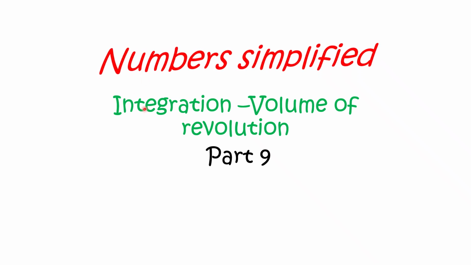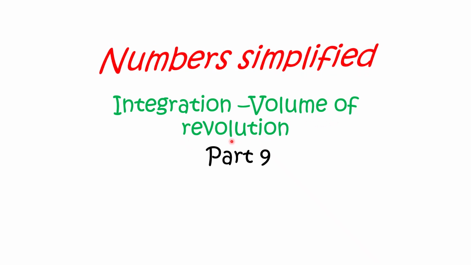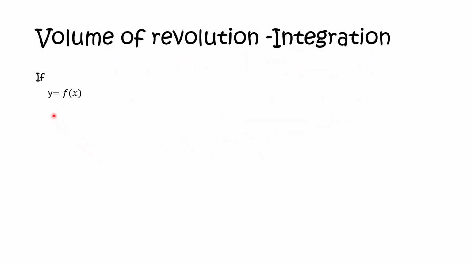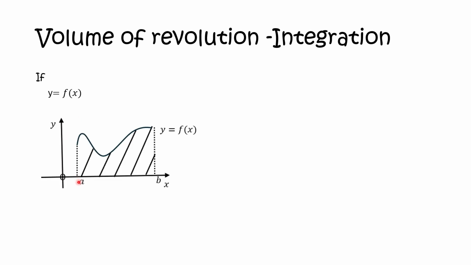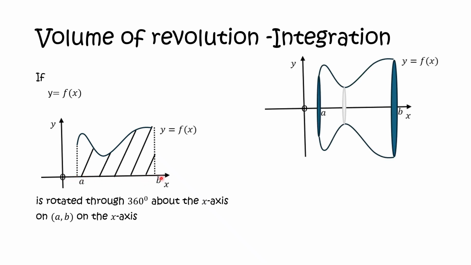Today, we'll be looking at integration, specifically the volume of revolution. Now, if we have y is equal to f of x such that we have the graph that is represented here, and starting from point A to point B, if it happens that we rotate this particular graph 360 degrees about the x-axis on AB on the x-axis, we would have that figure here, which is like a 3D shape.